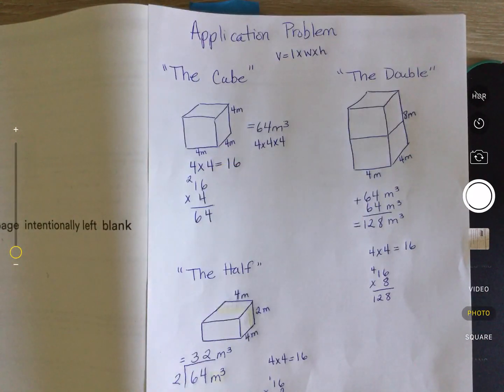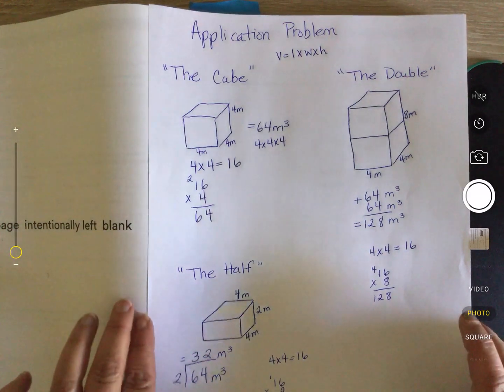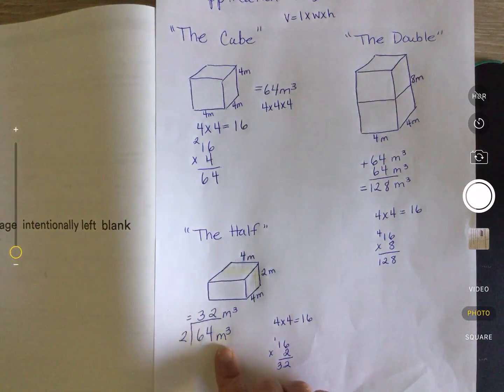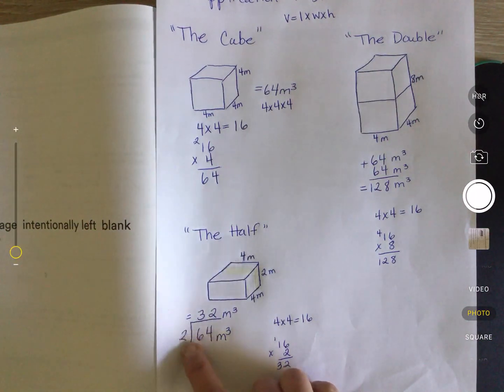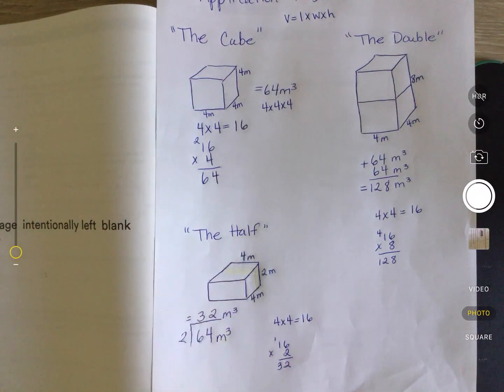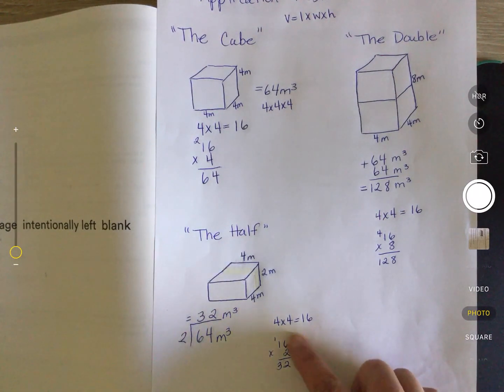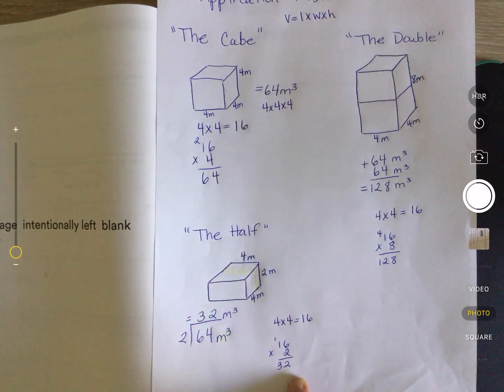And then the volume would also be half, so I divided 64 meters cubed by 2 to get 32 meters cubed. And then to do the math to prove it, we have 4 times 4 is 16, and 16 times 2 equals 32.